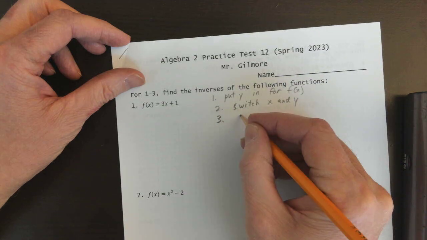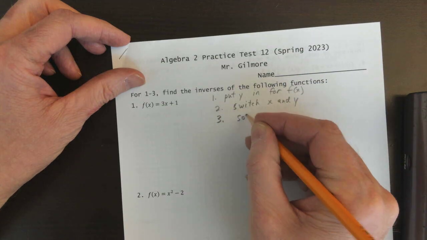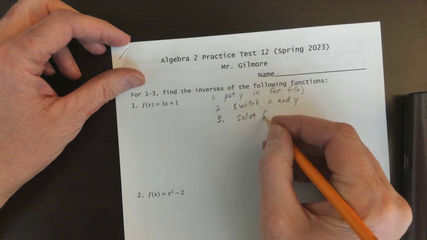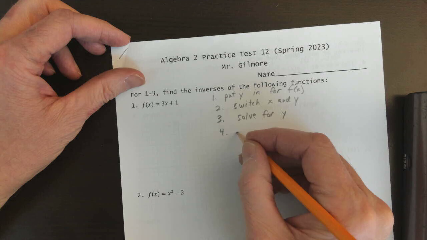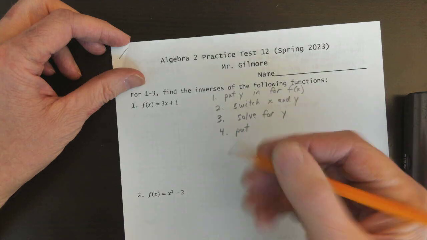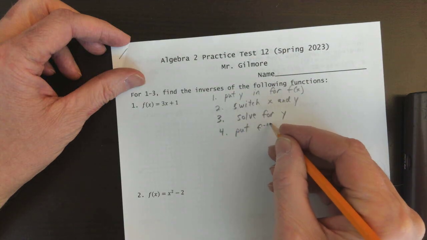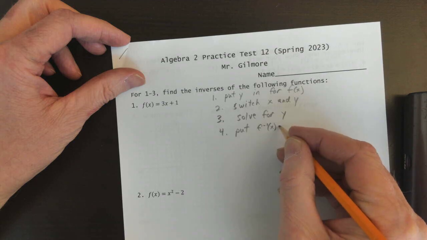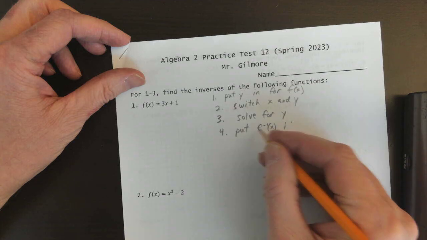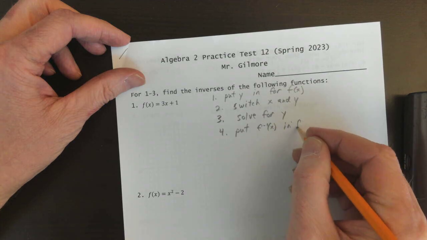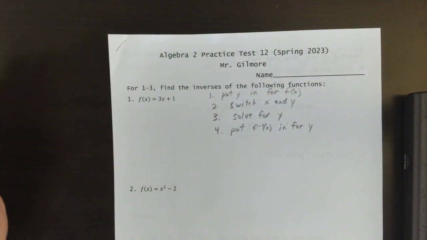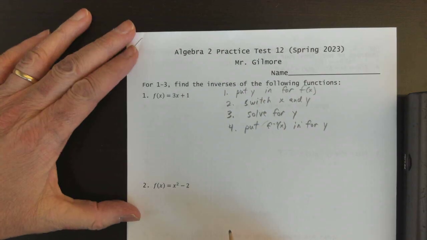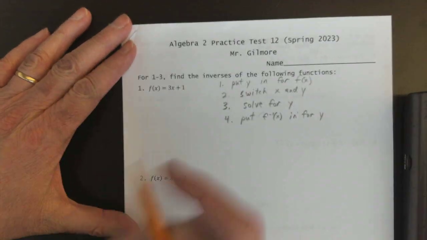Step 3, with that switch, we're going to solve for y. And in step 4, put the inverse function notation in for y. We'll take the y out and put this in. All right, so that's our step-by-step process when we're doing this.